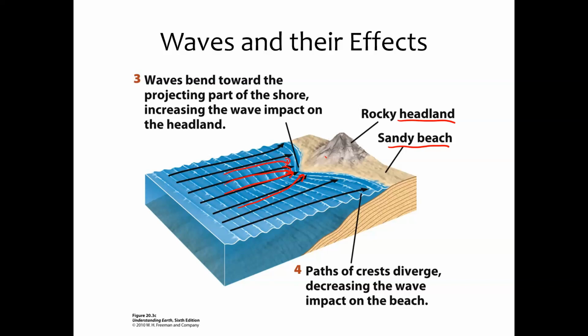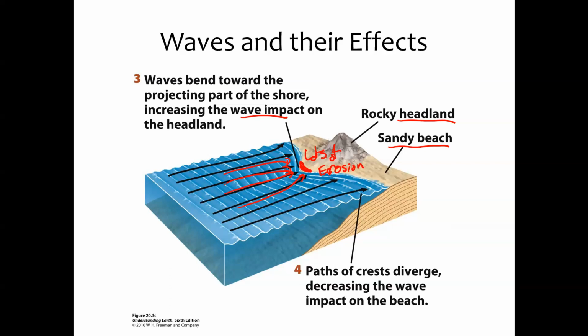And as a result, it increases the wave impact on that headland. And so it works really hard to erode right there. Those headlands are, on a geologic timescale, transient features because they get worked on so hard by that erosion.